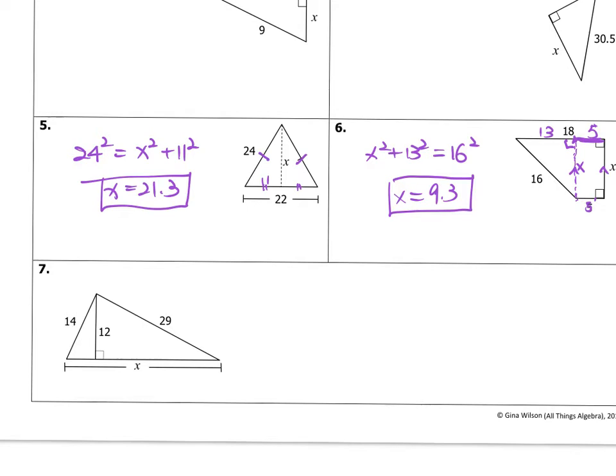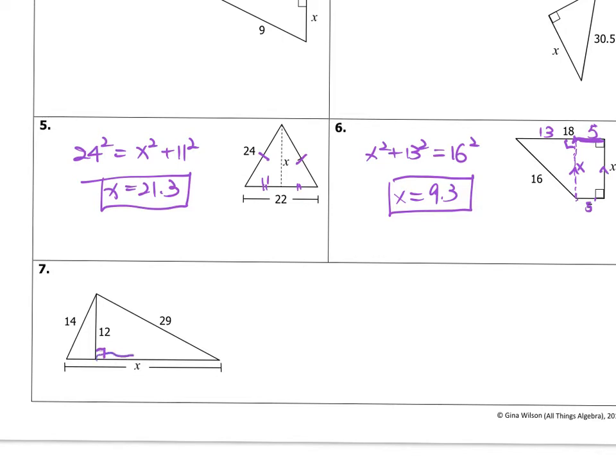So let's look at number 7. Number 7 is a little tricky because it has to borrow the properties we learned in chapter 6. I think it's 6.6. Those properties with respect to medians and altitudes and angle bisectors, etc. So here we have one right triangle, and I have a hypotenuse and a leg.